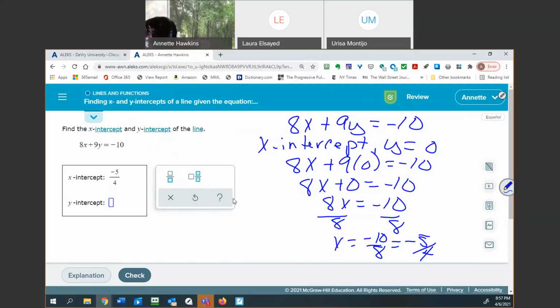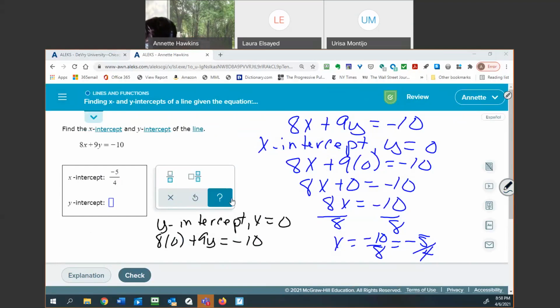All right, we want to do the y-intercept. To do the y-intercept, x is 0. 8 times 0 plus 9y equals negative 10. 0 plus 9y equals negative 10. 9y equals negative 10.